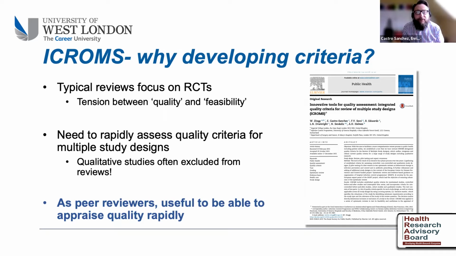And that just reflects the views that many researchers have about the position of qualitative studies and qualitative evidence. So when we developed the ICROMS tool, we had the view that all sources of evidence can bring something to the table, and it's worth having some kind of objective measure of any strengths, but also weaknesses.